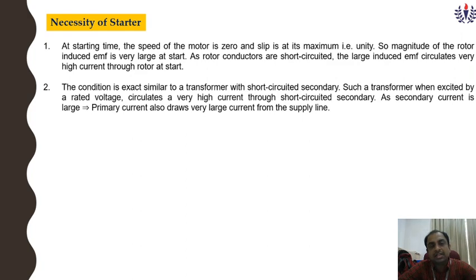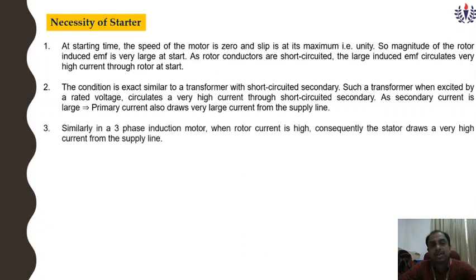This condition is exactly similar to a transformer with a short circuited secondary. If you short circuit the secondary winding, such a transformer when excited by a rated voltage circulates very high current through the short circuited secondary. As the secondary current is large, the primary also draws a very large current from the supply line.